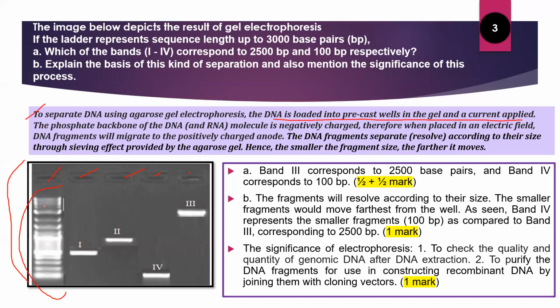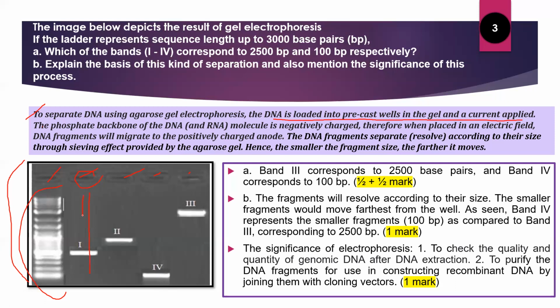However, the important fact is that the smaller the fragment size, the farther it moves from the point of loading. So if you are loading your sample in this well, if the size of the DNA fragments is smaller, it will move farther. If the size of the DNA sample is big or large, then it will move a lesser distance.